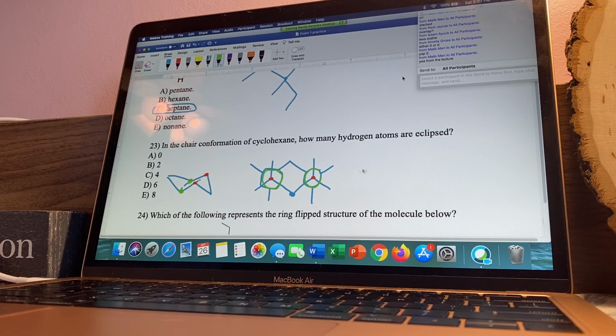Every single hydrogen is going to be staggered, and so the amount that are eclipsed is going to be 0. Another way to think of this is cyclohexane is the most stable out of cyclopropane, butane, pentane. It's the most stable because there's no eclipsed hydrogens at all.